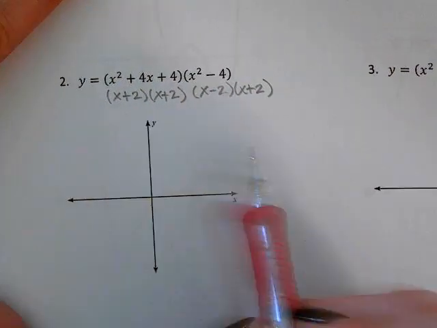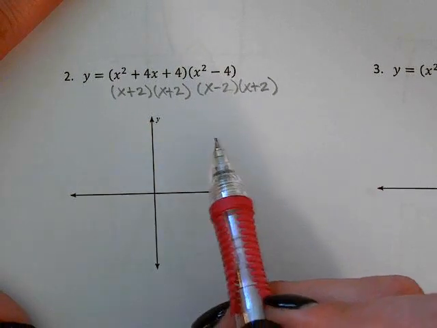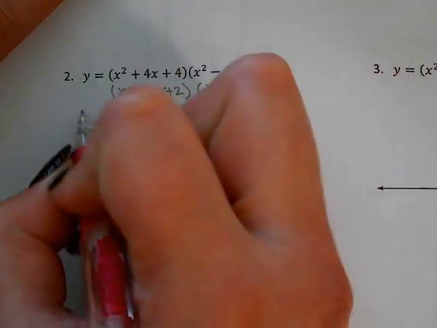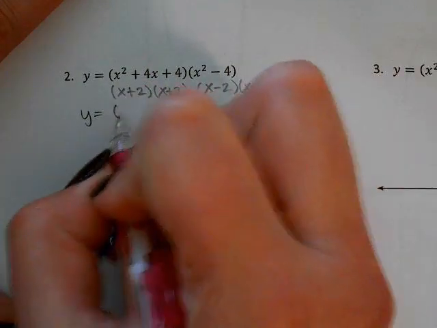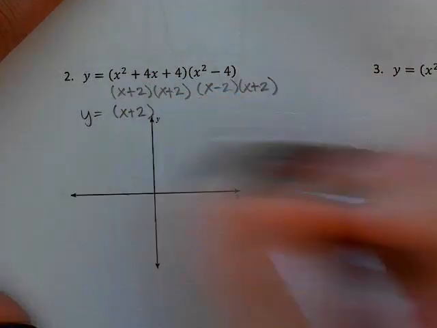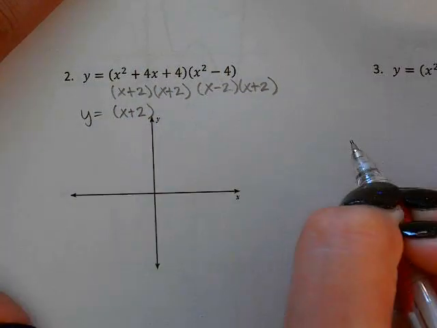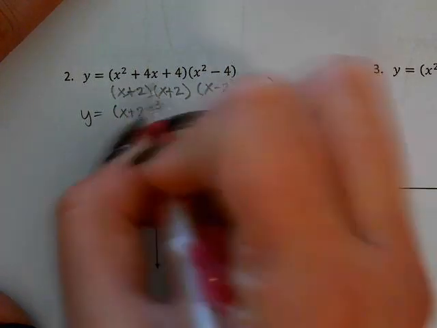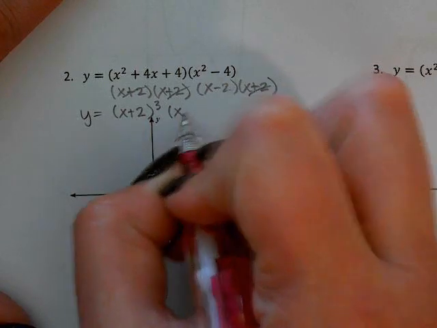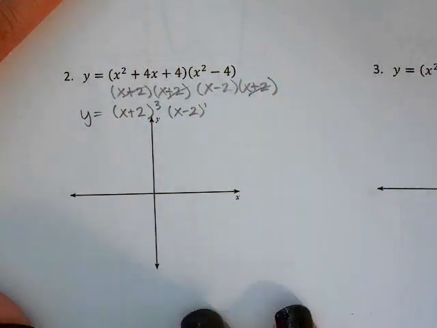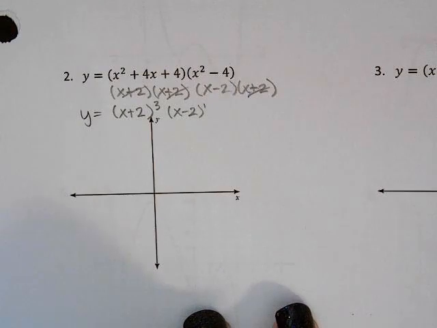Okay, so if we were to take all of those factors and put it together, we would say this is x plus 2 to what power? Cubed, because there's 3 of them. 1, 2, 3. Okay, and then x minus 2 to the 1. So then it's like a regular problem. The hard part wasn't actually graphing it from the factors. That part's not bad. It was figuring out what the factors are to begin with.